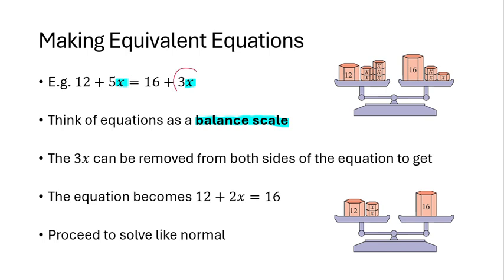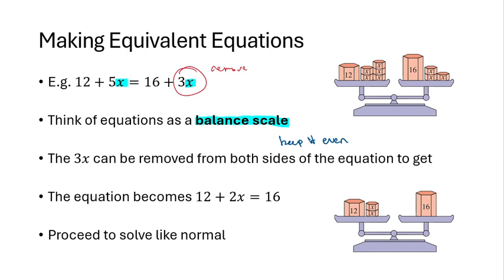If I am going to take this 3x and remove it from the right hand side, if you imagine that it's a scale, you can see that the scale is going to shift in the balance. One side will be heavier than the other if we remove the three x's on the right hand side. Now the whole goal is to keep it even.